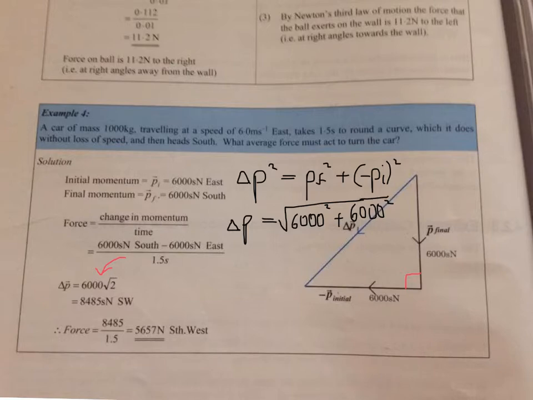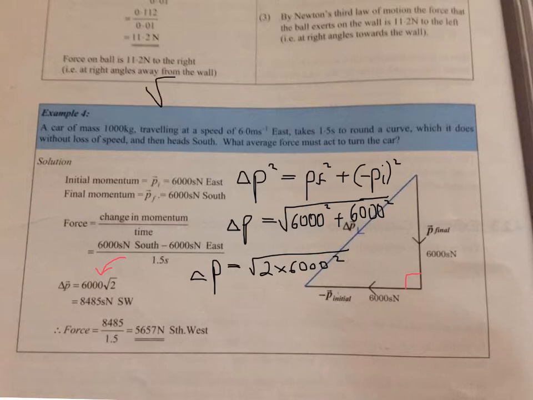Okay, now that then simplifies to delta p equals the square root of 2 times 6,000 squared. Now this is where you're going to have to remember some surd rules.